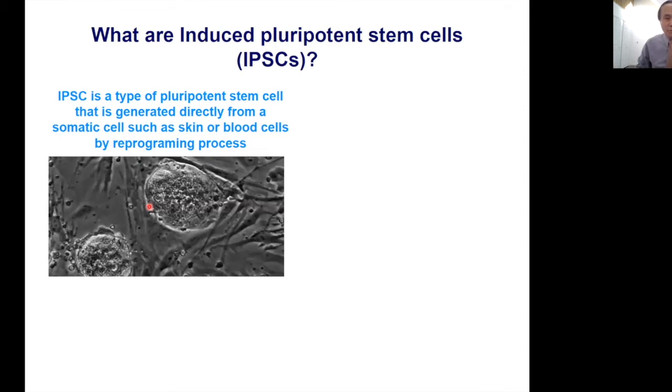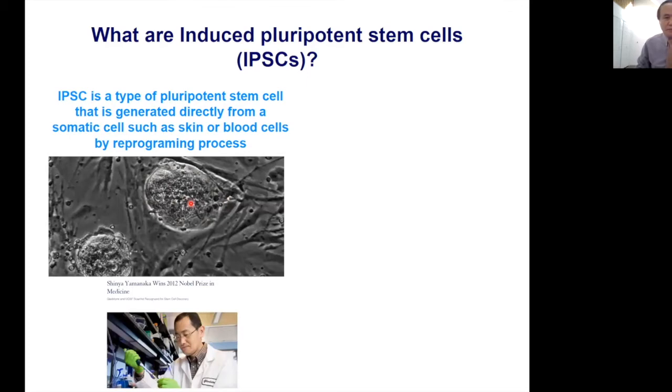If you look under the microscope, you can see the cells look like this. This is one single iPSC cell. This technique was developed not too long ago, about 10, 15 years ago, and in 2012 it was awarded the Nobel Prize in Medicine, because people see a brighter future for this particular technique.